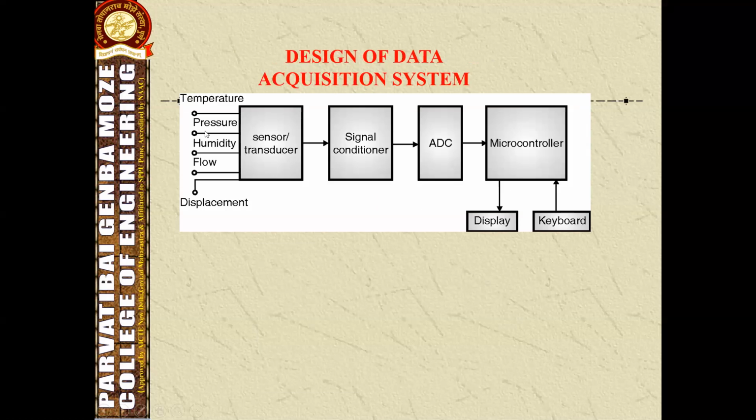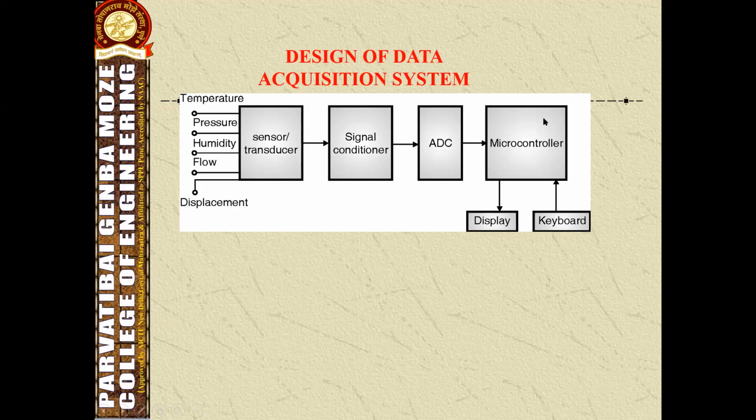See here, this is the data acquisition system. Its inputs are data like temperature, humidity, and flow. If we directly feed that data to our microcontroller or computer, it cannot be processed, because they understand only the digits 0 and 1.